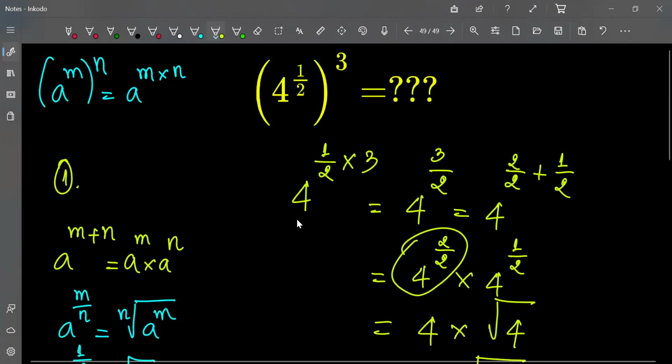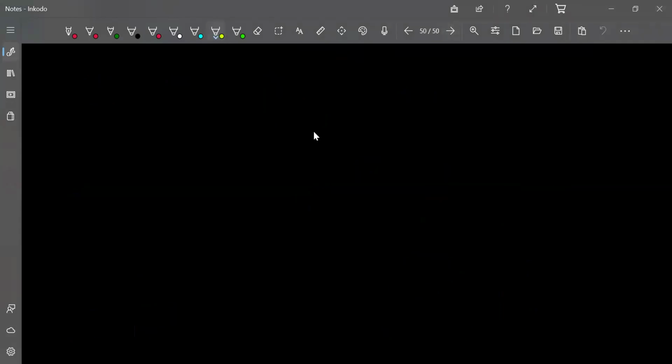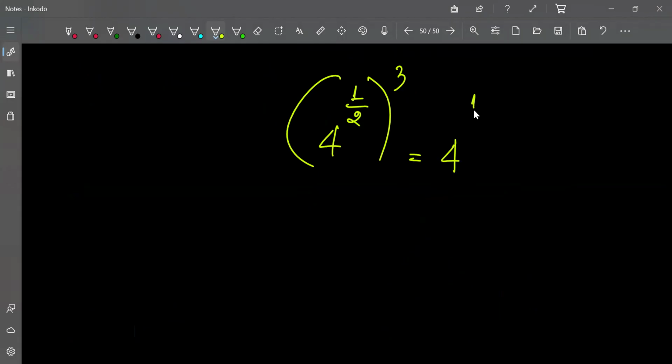Okay. So now let's move to the second way. For the second way, our exercise is 4 power 1 over 2, all power 3. So now we get 4 power 1 over 2 multiplied by 3, which is 4 power 3 over 2.